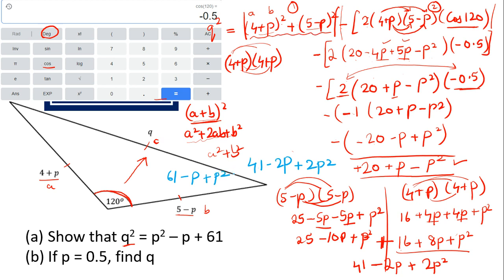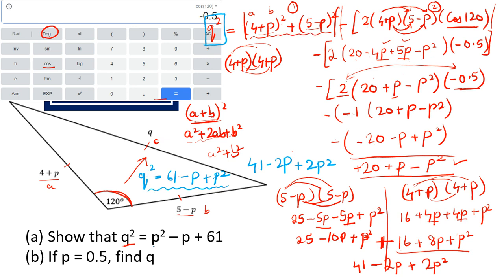And going back to the original part, all of that is going to be equal to q squared. So here is what I have as q squared. After all this mess that I have created, you can see that I have ended up with a p squared, a minus p, a 61, and all of that equals q squared.